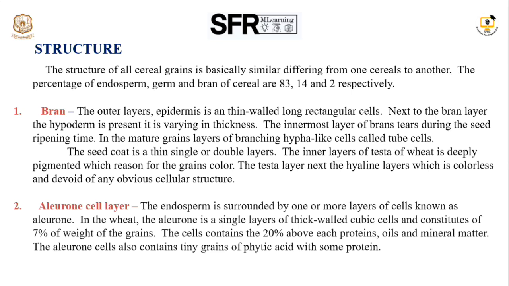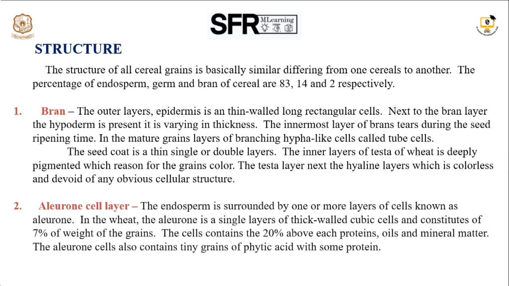After the testa layer there is a hyaline layer, which is a white, jelly-like structure, and then the aleurone layer, the cell layer. The endosperm is surrounded by one or more layers, known as the aleurone layer.